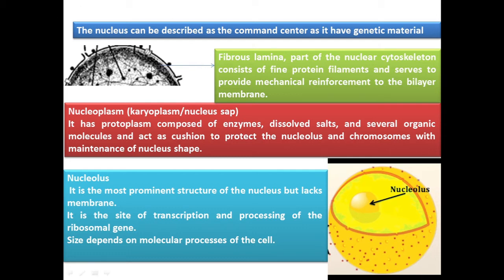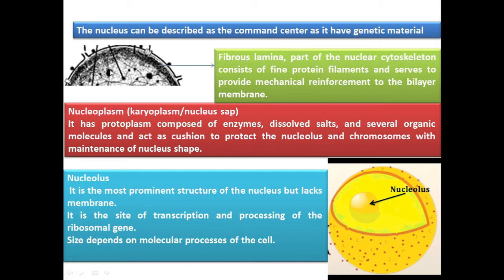It provides mechanical strength or mechanical reinforcement to the membrane. So the fibrous lamina provides mechanical reinforcement and strength to the nuclear membrane, acting as a nuclear cytoskeleton made up of protein filaments.